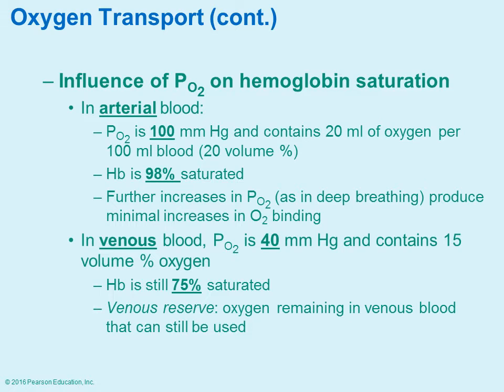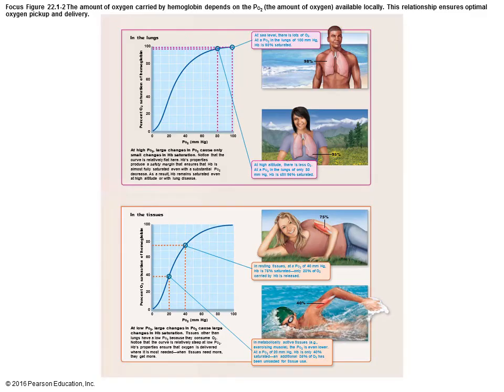So that's the same in arterial blood. Most of the hemoglobin is about 98% saturated. And then in the veins, where the blood is returning back to the heart, the hemoglobin is still about 75% saturated. So if need be, there is still oxygen attached to the hemoglobin of the red blood cells as it returns to the heart.